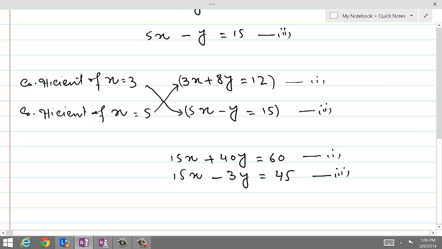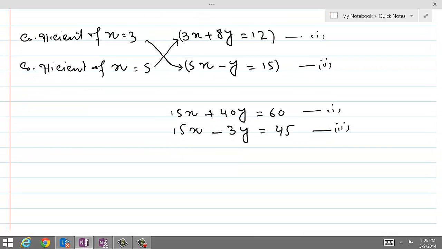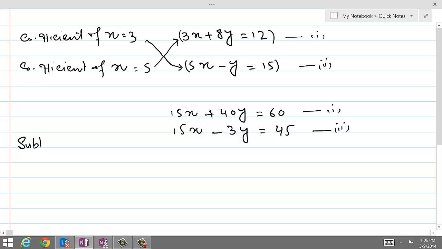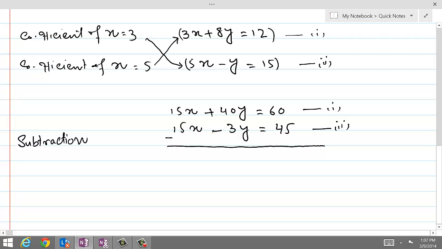In order to get the value of y by eliminating x, what we do is subtraction. Subtraction is the standard procedure, and while we do subtraction, we change signs for equation 2. This plus 15 will become minus 15, this will become plus 3, and this will become minus 45. So we can cancel this, and 40 plus 3 becomes 43.